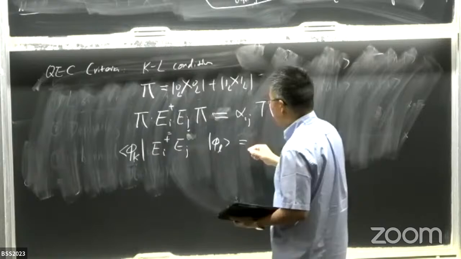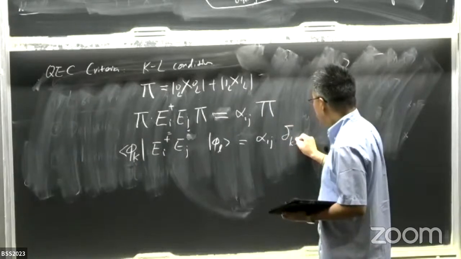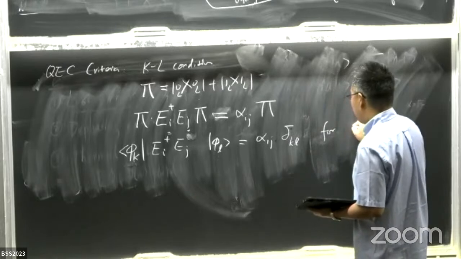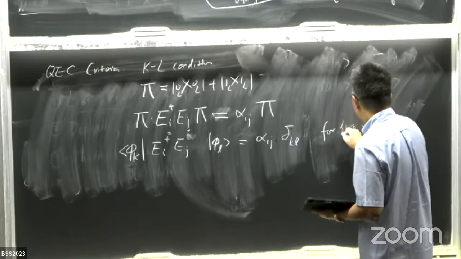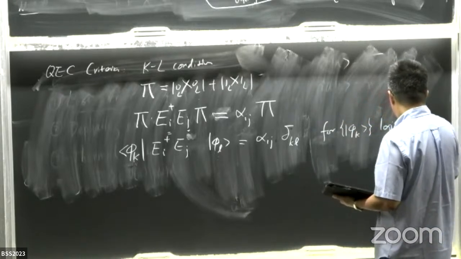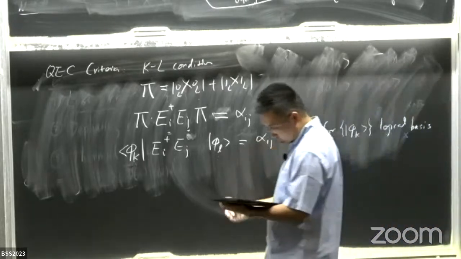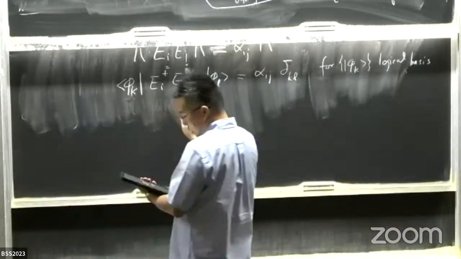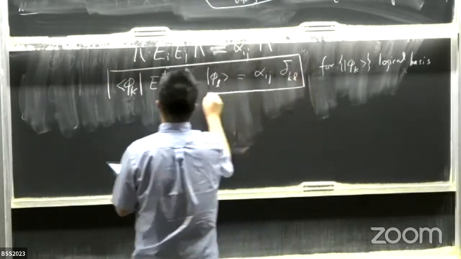And if psi_k, psi_l are already in the basis, then this will be the delta_kl, for psi_k, psi_l as a logical basis. So now what we can do is basically to verify that this condition is satisfied. So this is something to be verified.